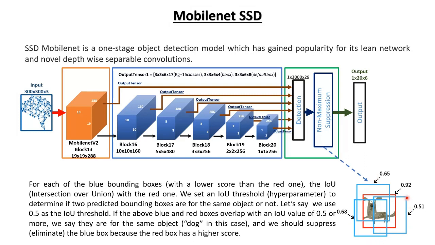So in this picture, all these 3 blue boxes will have an IOU of more than 0.5, so it will just disregard all these 3 blue boxes. For example, if there was another dog at this point, it will give you another bounding box. So probably the IOU between this red box and this blue box would be less than 0.5. So in that case, we'll keep both of these bounding boxes around these classes.